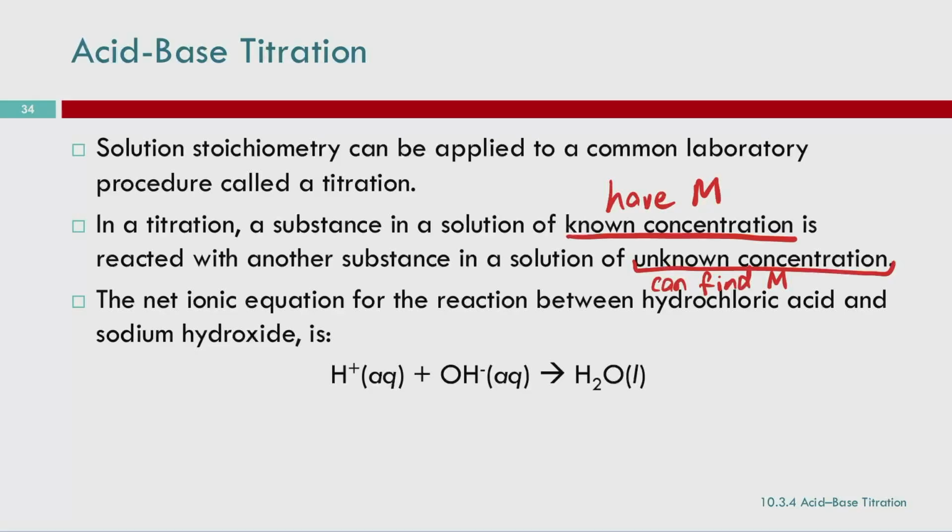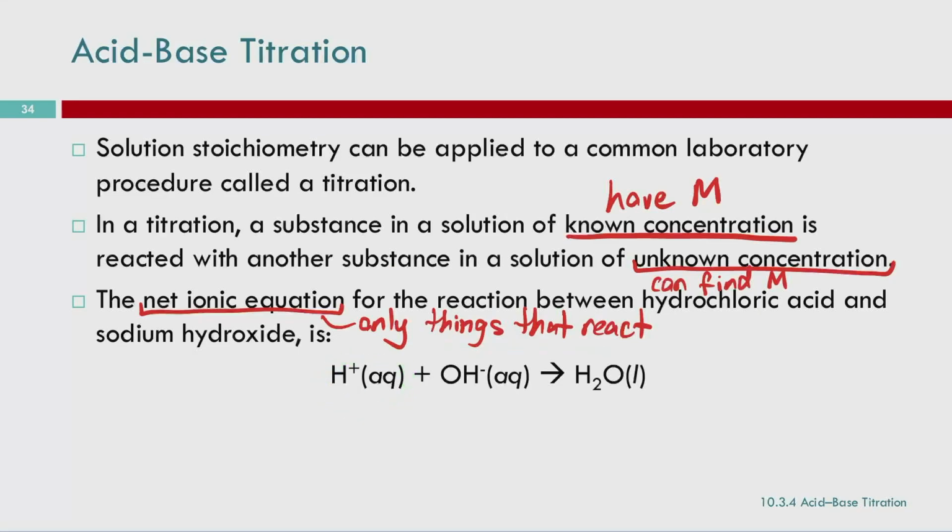When we react an acid and a base, the net ionic equation, that is only things that react, removing our spectator ions, for an acid, hydrochloric acid, for a base, sodium hydroxide, this is our net ionic equation.